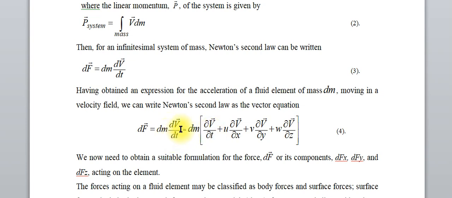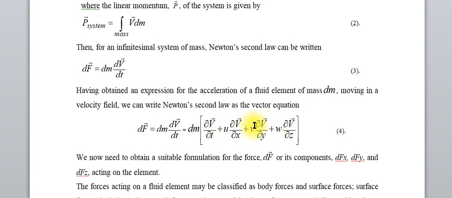When you study something in a region or at a point, without caring about individual molecules, we call this the Eulerian approach. This is called the Lagrangian approach. So the total acceleration has been transferred to local acceleration and convective acceleration.